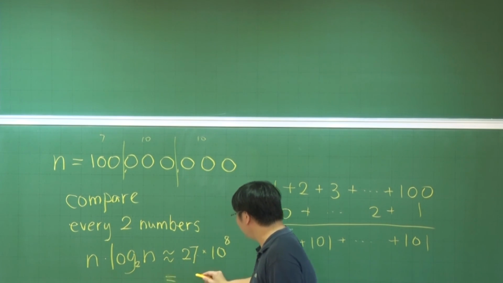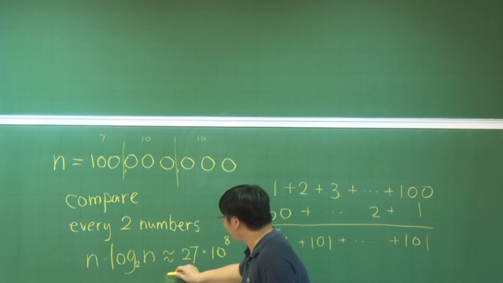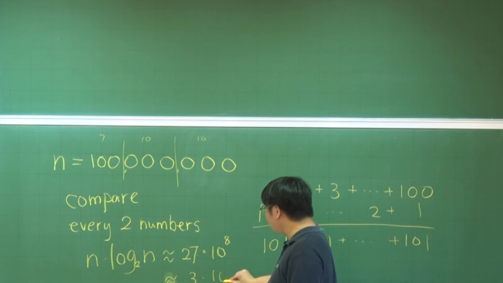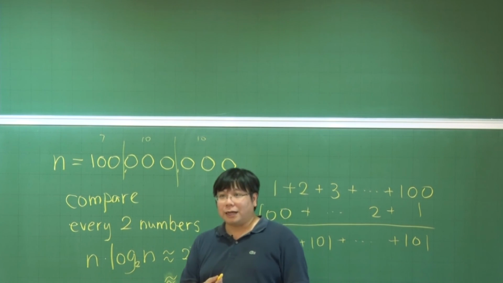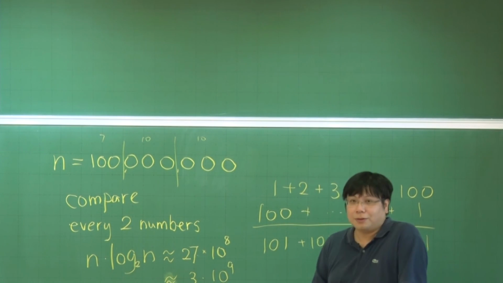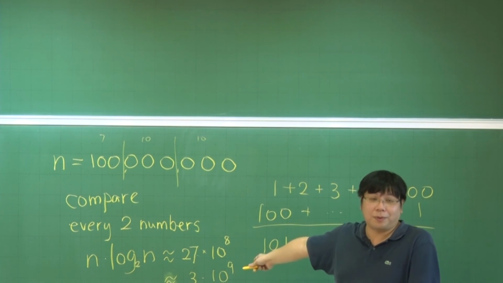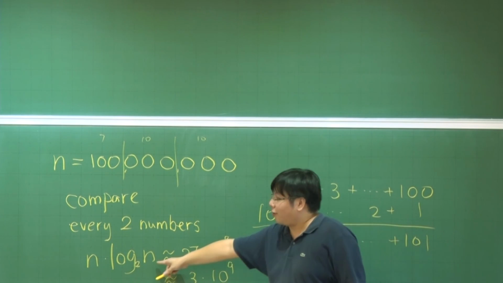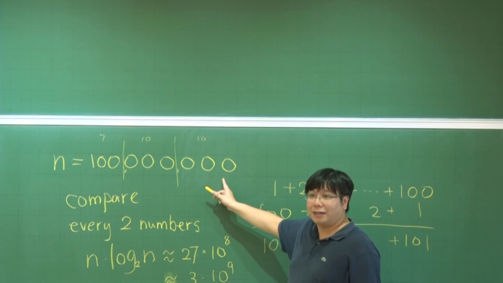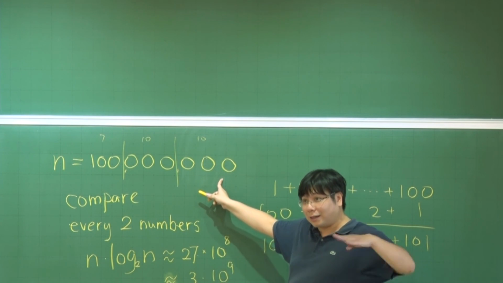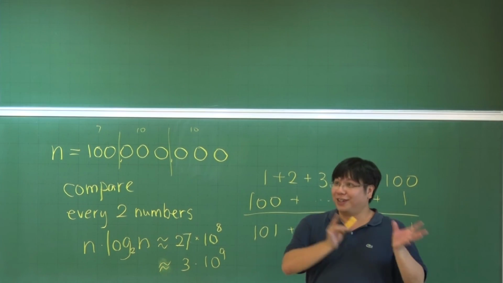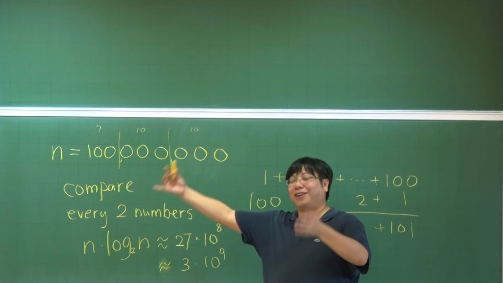So this is equal to, let's say 3, roughly, 3 times 10 to the power 9. 10 to the power 9 is giga. So roughly you take only seconds to solve a problem if you are running it in n log n time. On the other hand, if we are designing a bad method that runs in n squared, that grows like this, then we don't get the answer, most probably before our life ends.